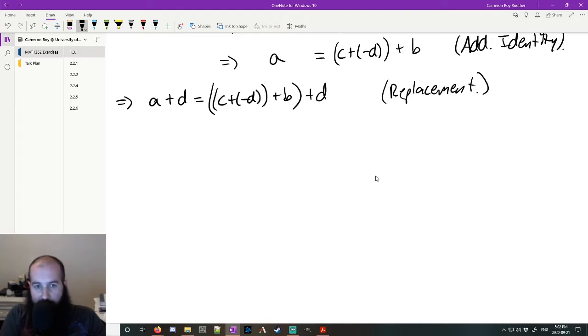Noticing how the brackets build up here to keep track of which order things were added. So now we have some associativity to work with, because we'd like to group together this negative D and this D. So let's commute here, first on the inside.